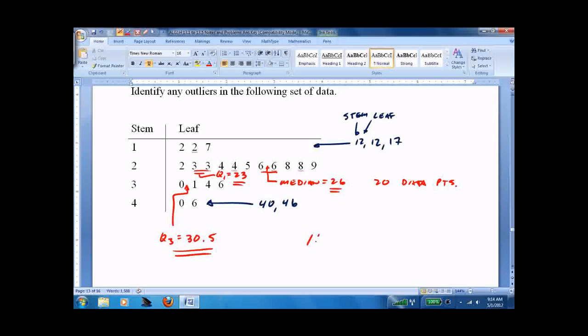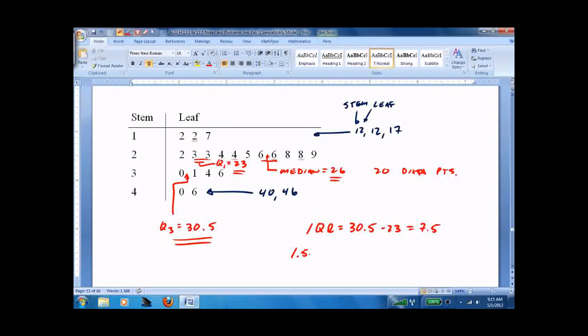So the interquartile range is 30.5 minus 23, 7.5, and 1.5 times 7.5 is 11.25.